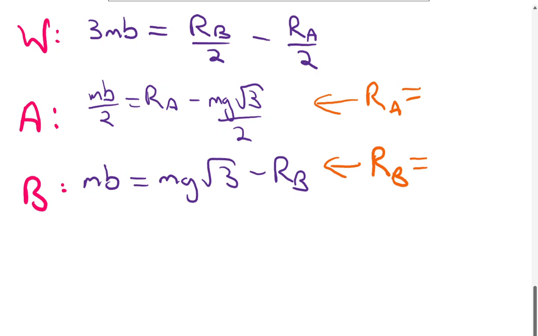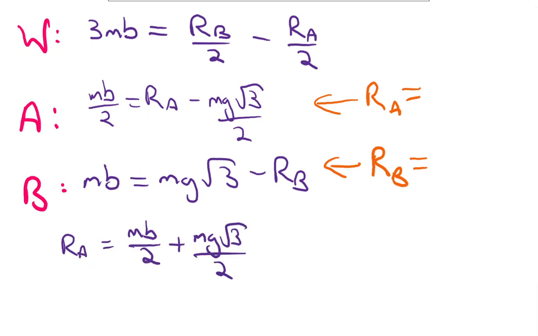The numbers, I don't know, hopefully they'll be nice. If they're not, they're not. But if the m's all disappear, then we're happy. So for the A equation, that would be RA equals MB over 2 plus MG root 3 over 2. So we can put that in a second. So we have RA in terms of M's, B's, and G's. Cool. So that's our A.